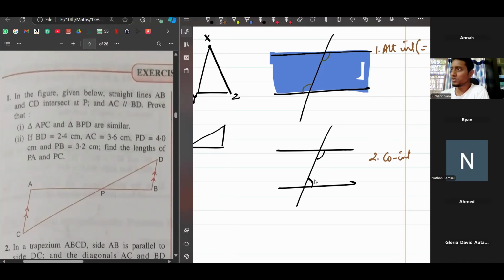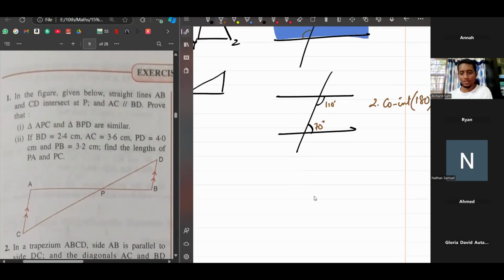No, one is big, one is small. So what property do you have for them? They are supplementary. It means if you add them, you will get 180 degrees. So if this is 70 over here, then this will be how much? 110 degrees. Understand?